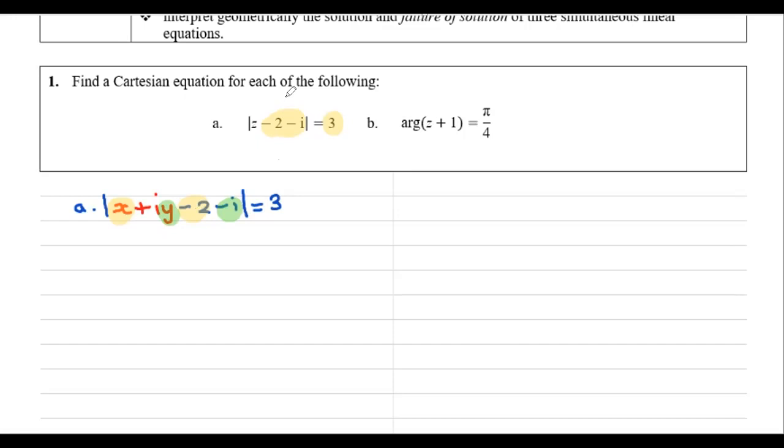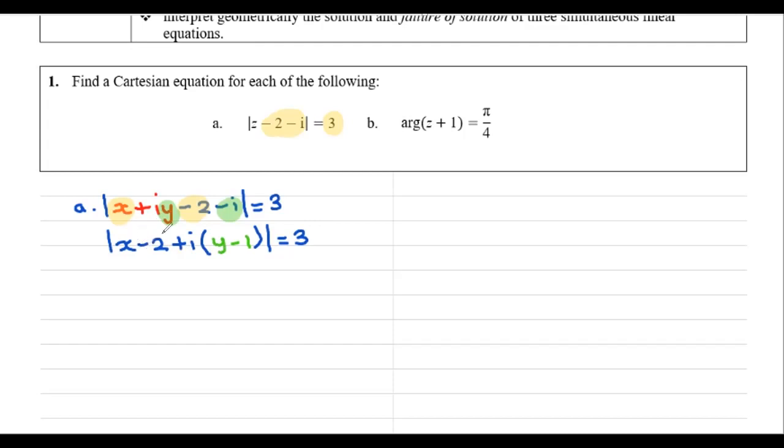So let's just sort out the real part first. Collect those together, and we have the modulus of x subtract 2. And to get the imaginary parts, let's just factor out the i. So we've got plus i multiplied by y subtract 1 in there. Close that bracket, close the modulus, and that's all equal to 3.